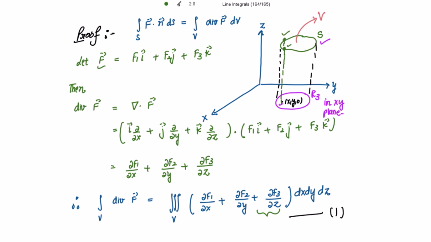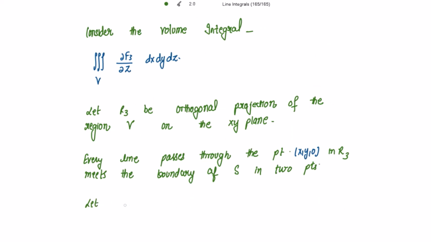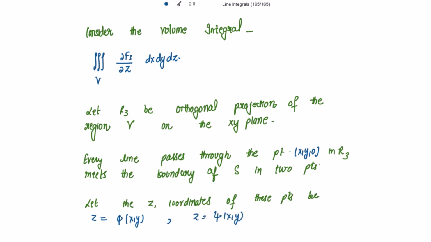So writing these points, let the Z coordinates of these points be Z equal to phi(x, y) and Z equal to xi(x, y), where xi(x, y) is less than or equal to phi(x, y).